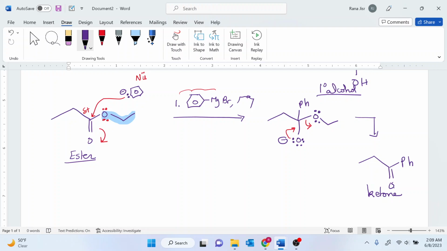So since I formed the ketone here, I'm going to react this with the same Grignard again. I don't have to mention that the Grignard is used in excess, because the Grignard is very reactive. As we said, it's going to keep reacting as long as there is a carbonyl.